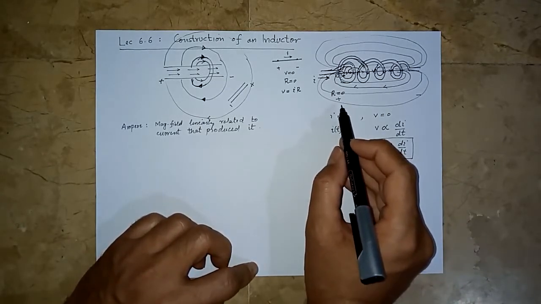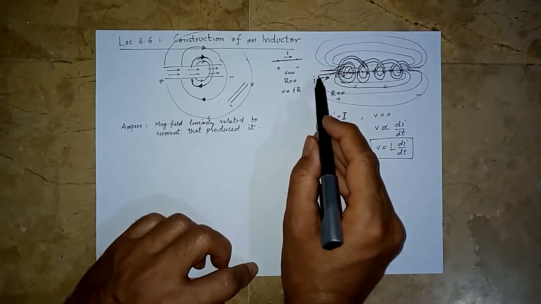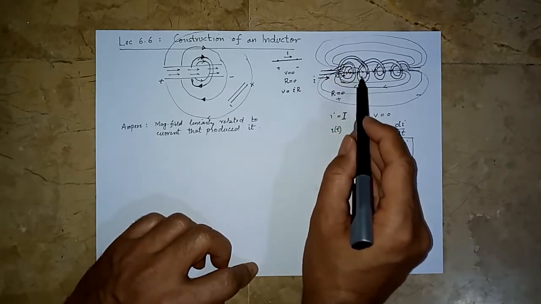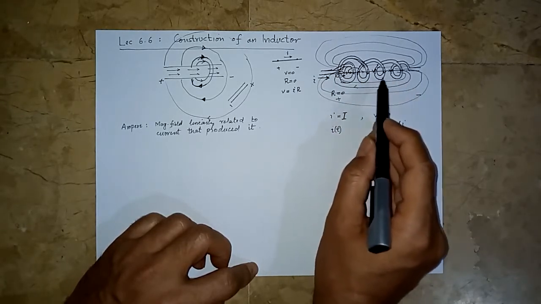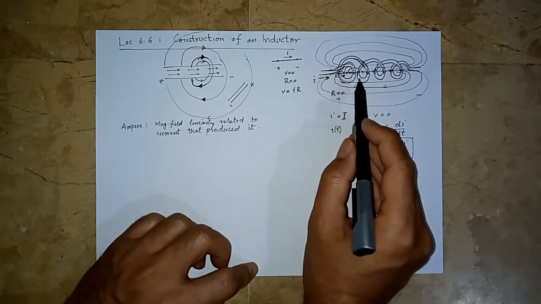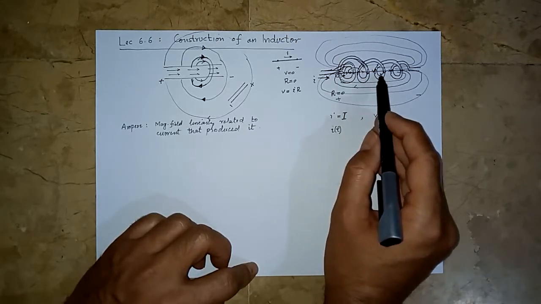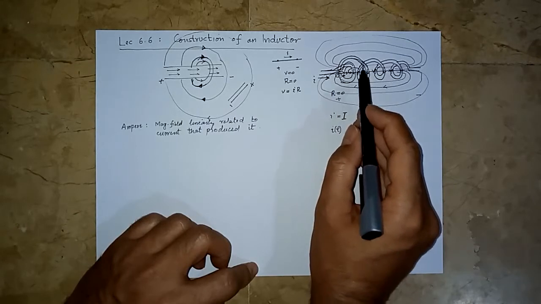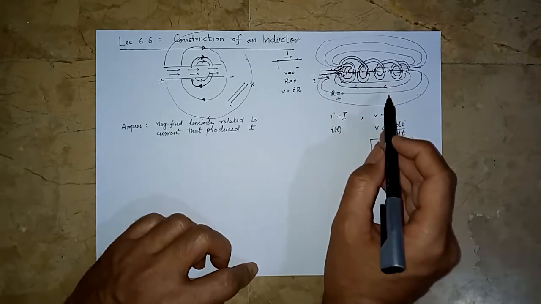Let me discuss that again. A current flowing through a wire creates a magnetic field around it. And if that wire is woven in a coil form, in a solenoid form, in a helix form, or a spring form, you can say, then we are going to get a structure where the magnetic lines of forces flow inside and come out, and it gets strengthened on the inside and weakens on the outside.